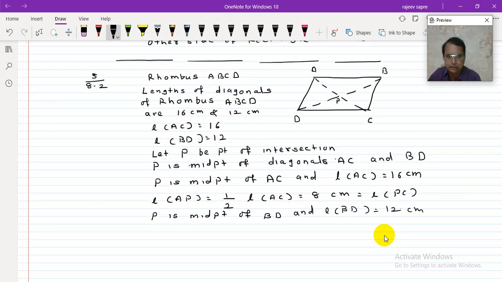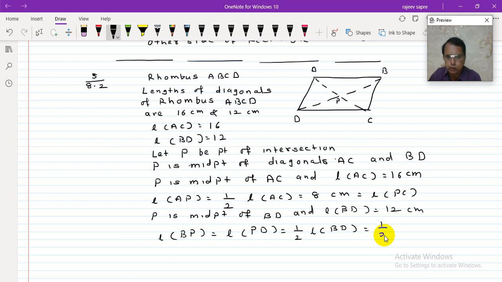Length BD is 12 centimeters. So length of BP is same as length of PD. It will be 1/2 length of BD.